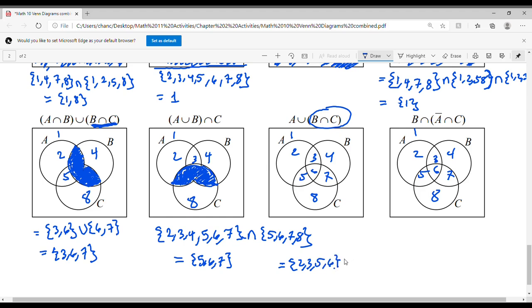I'm going to union that with B intersect C. B intersect C would be 6 and 7. That's the overlaps of B and C. And now we'll find the union. Remember, the union is in both or one or the other. So we have 2, 3, 5, 6, 7. For the union, you just have to list them all.